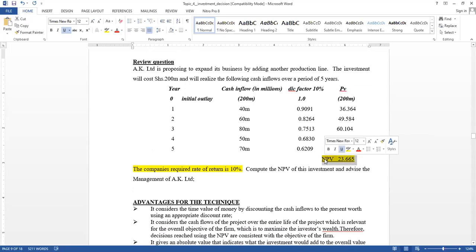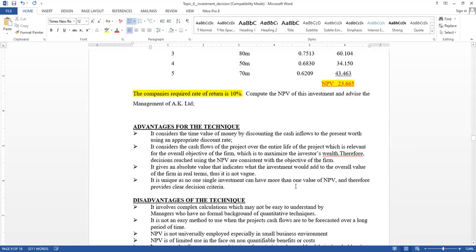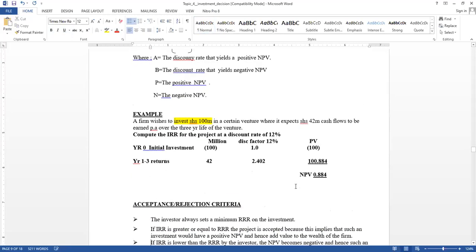That's what I have. I think I'm the one who had taken a wrong figure then. Okay, thank you. So now you have seen that 12% has given me a positive NPV.